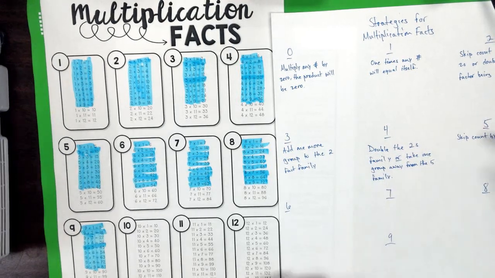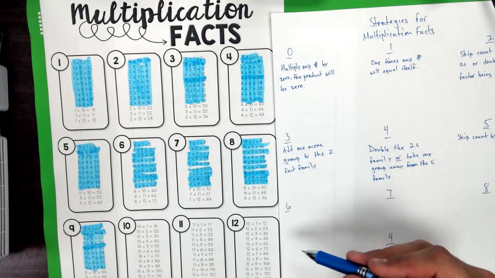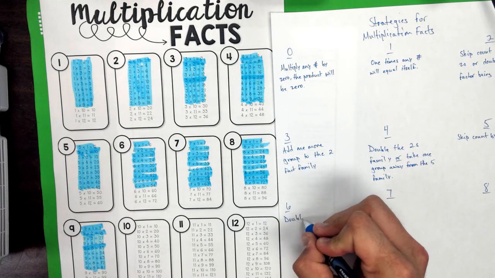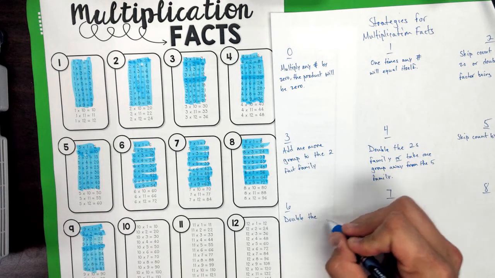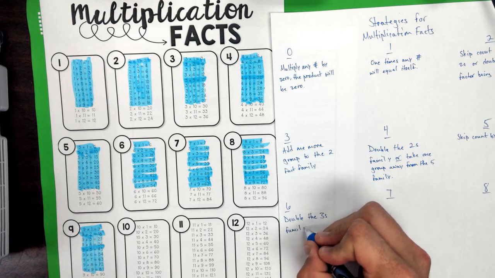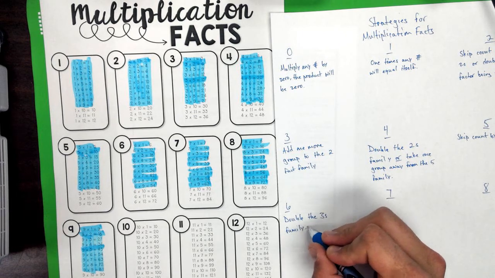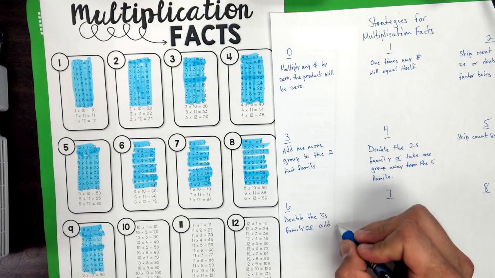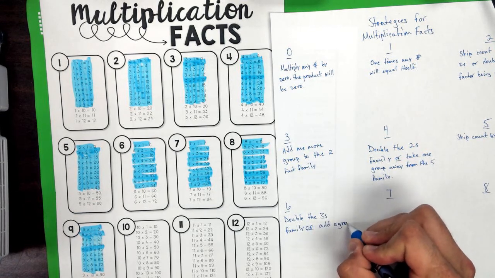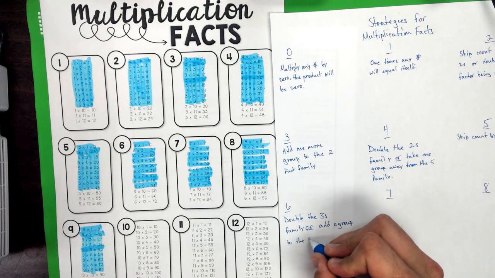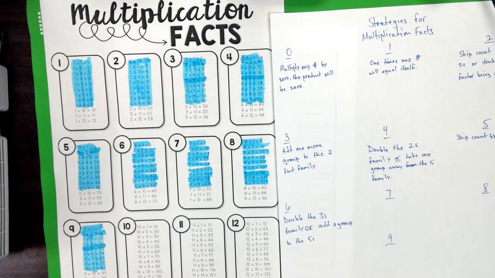With the 6's, we can either double the 3's or add a group to the 5's. I'll come back to the 7's in a moment.